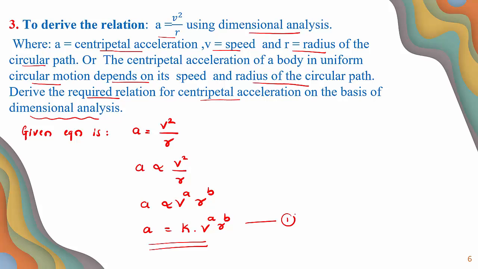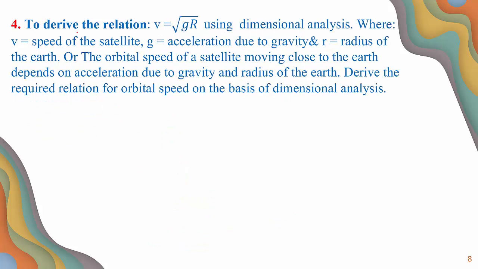Remaining part, try to solve yourself to get the required relation. So remember, the third example I have given as an assignment. Solve it yourself. I will solve the fourth example.